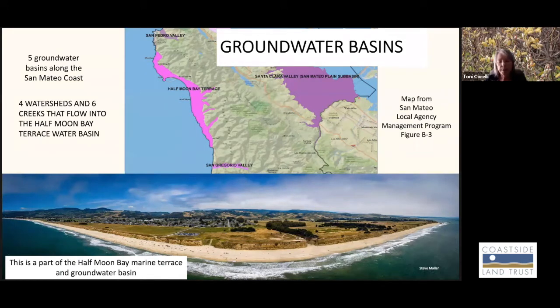The soil is rich in alluvial, ancient river deposits that have eroded from the streams that flow down into the Half Moon Bay Terrace, making our area rich in wetland plants and habitats. Here's the Santa Cruz Mountains up here, and all the water flows westward toward the ocean in this beautiful Half Moon Bay Marine Terrace.